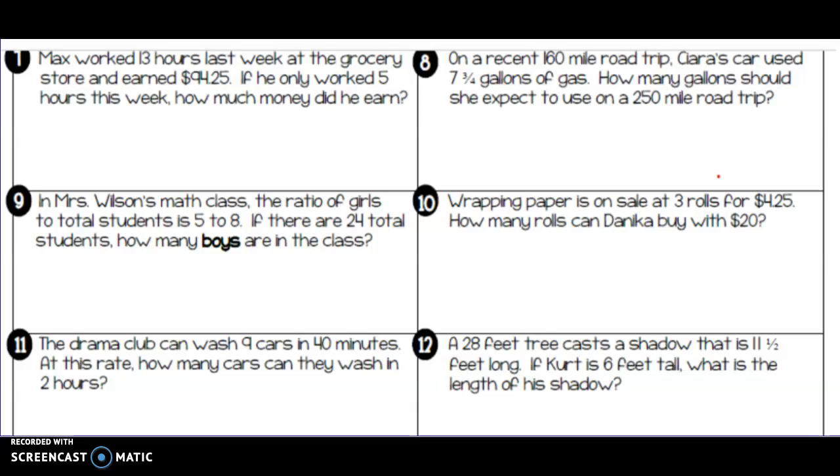Okay, then there's word problems. Max worked 13 hours last week. At the grocery store he earned $94.25. There's your ratio. 13 and he made $94.25. Okay, hours worked to total paid. Okay, total money. If he only worked 5 hours, how much money could he expect?